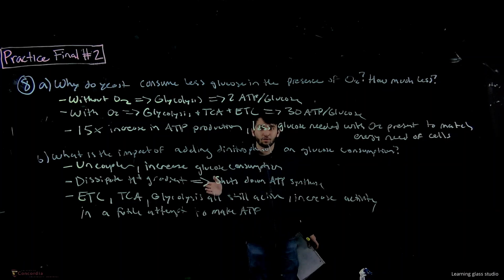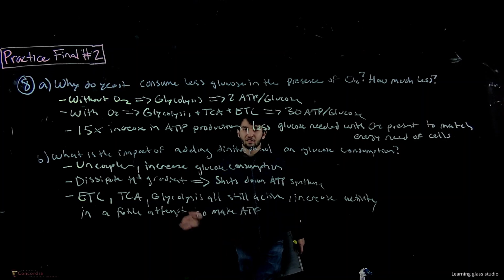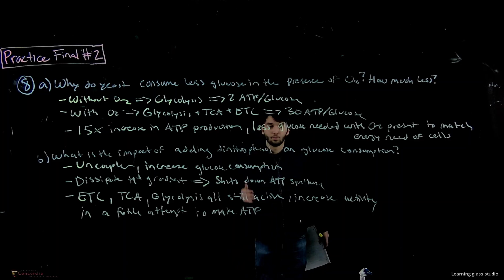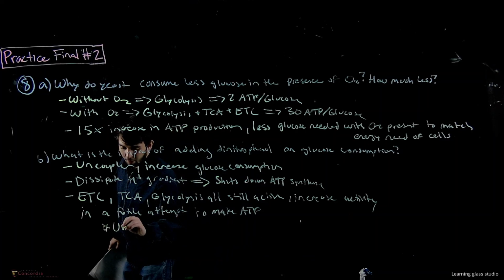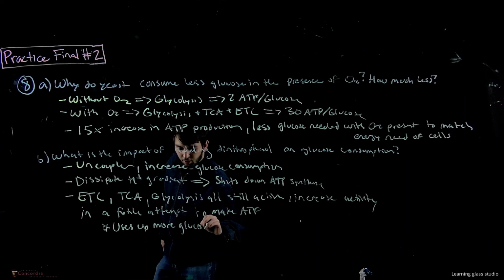So the ETC is really active in trying to reestablish that proton gradient. All of these metabolic pathways are really active. They all detect low ATP, so they're all hyperactive to try to make more ATP. But of course, that's a futile attempt because ATP synthase is inhibited. No ATP can be made. So they're all basically using up a lot of glucose, right?